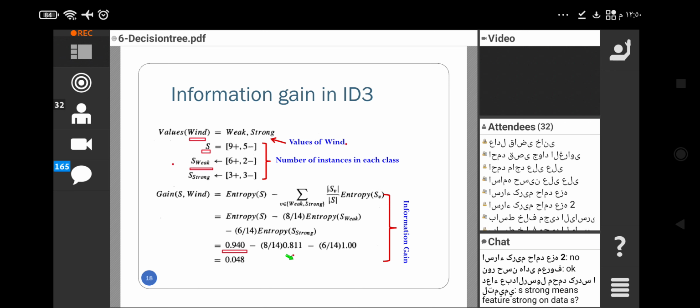Okay, these 2 parts, I mean this one and this one, these are calculating the entropy of the data when the feature wind is weak. Okay, it means this data, the data which has 6 positives and 2 negatives. Also when the feature is strong, so it's 3 positives and 3 negatives.